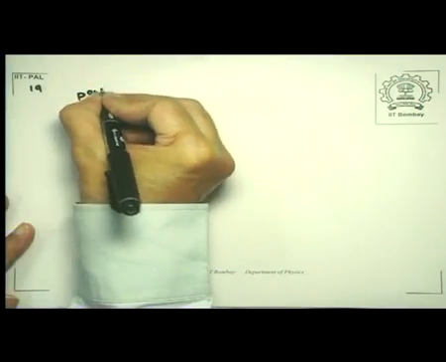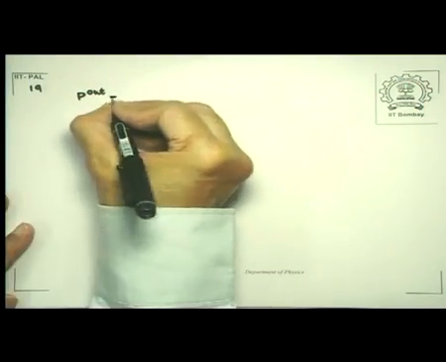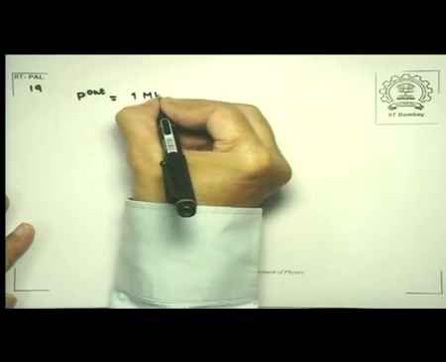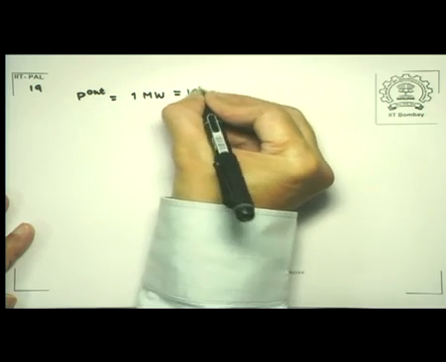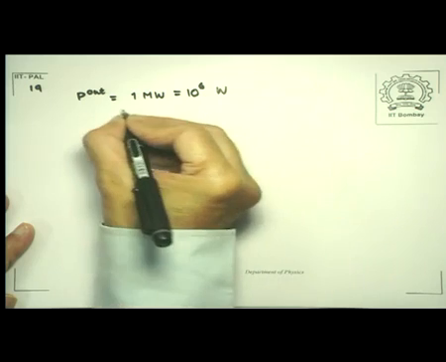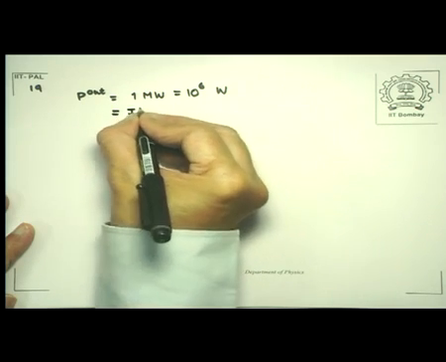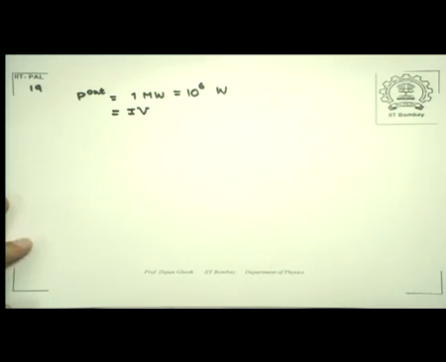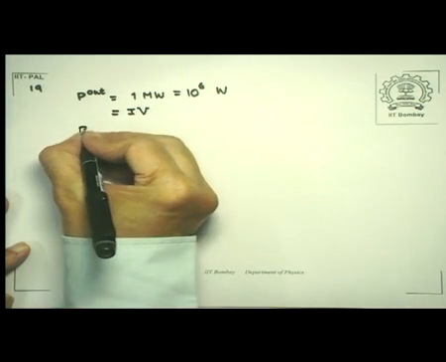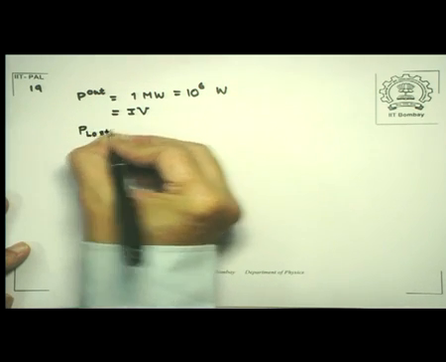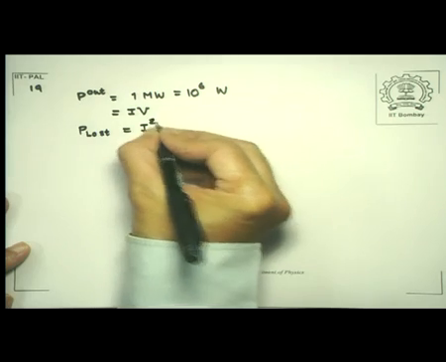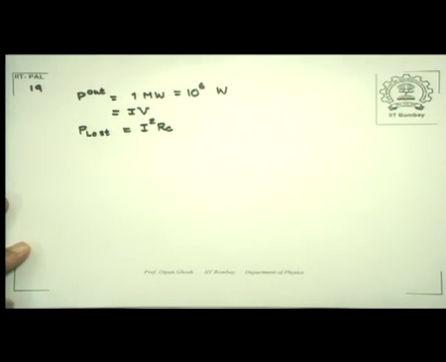So let us suppose I have a small power plant which is producing 1 megawatt of power. So the power output, let me call it P out, from the plant is 1 megawatt, which is 10 to the power 6 watts. But that's equal to I times V. Power lost, we have seen, is I square times cable resistance RC.